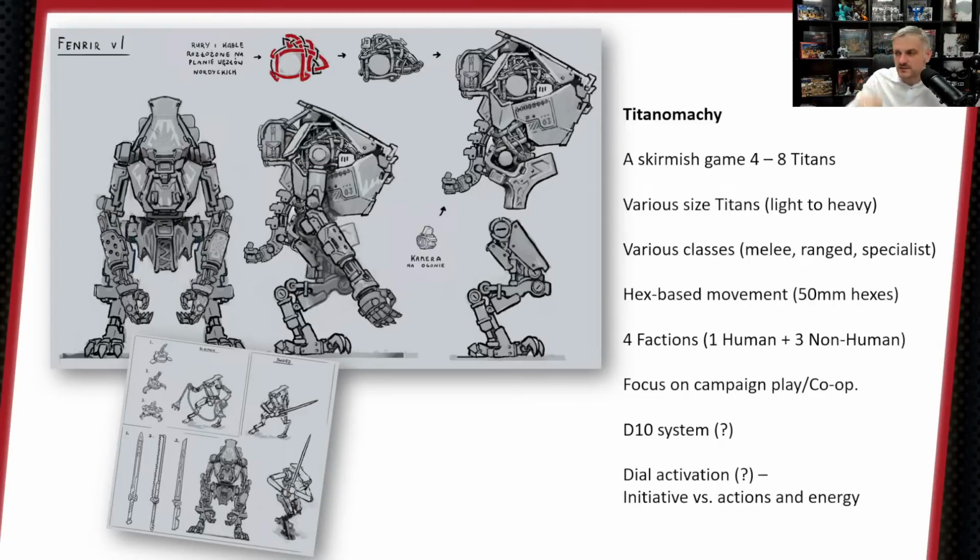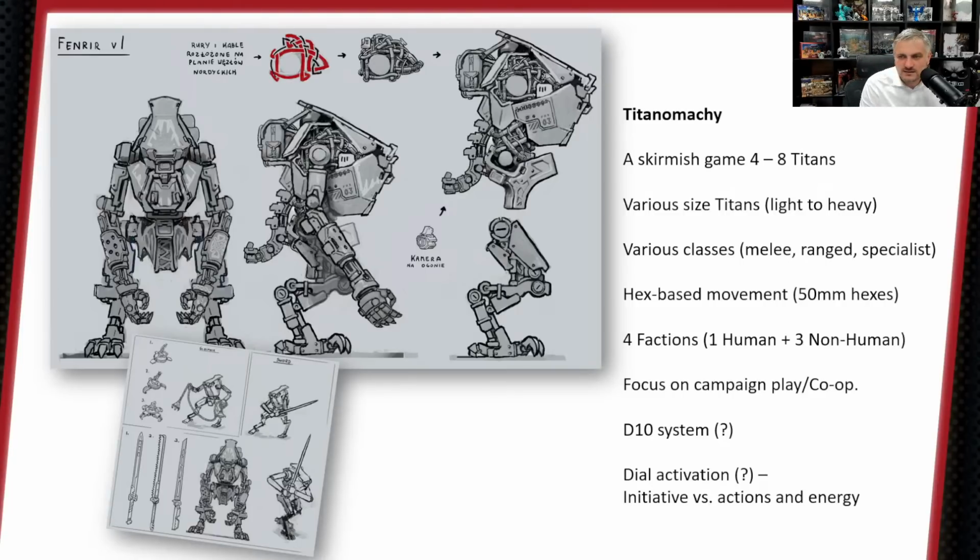So quite large miniatures. Various classes: melee, range, specialist, so call them majors, call them technical, and so on. Hex-based movement, so we're looking at a hex-based map of 50 millimeter. All the Titans we currently plan to be on 50 millimeter round bases. And yeah, we will see how this one goes.